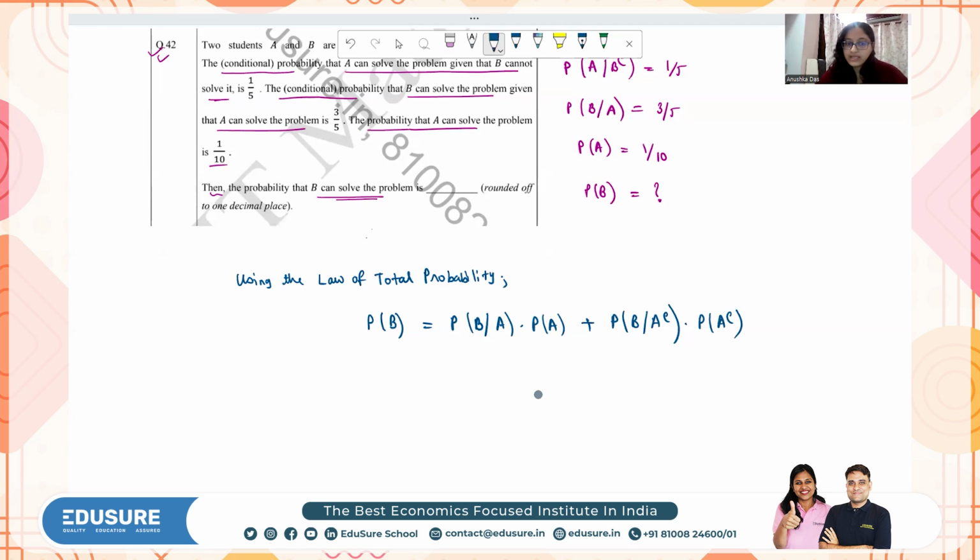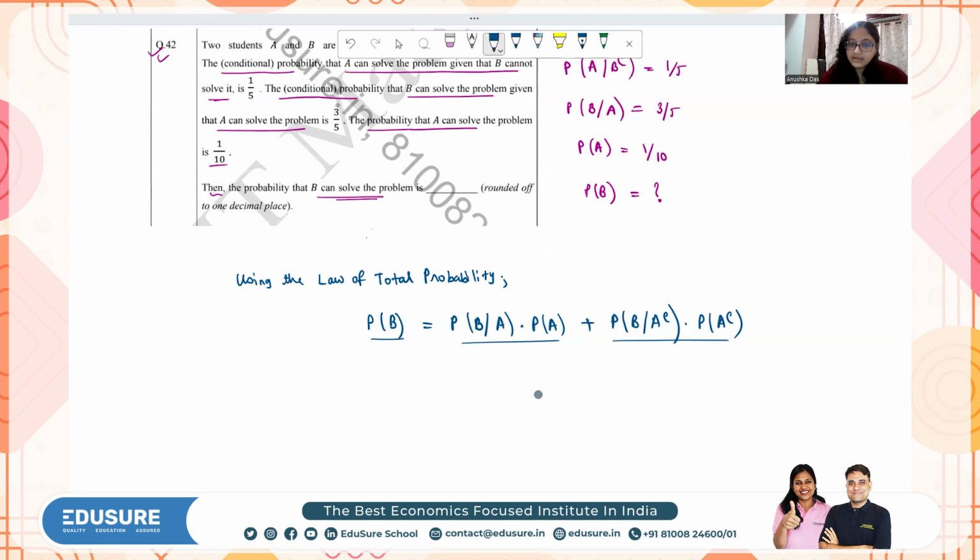So we all know that the unconditional probability of the event B can be written in this fashion: the probability that event B has occurred given event A, into the probability of occurrence of event A, plus, meaning either this happens or this happens, probability B given A complement into probability A complement. So these are the two ways in which probability B can happen, and we sum them up.